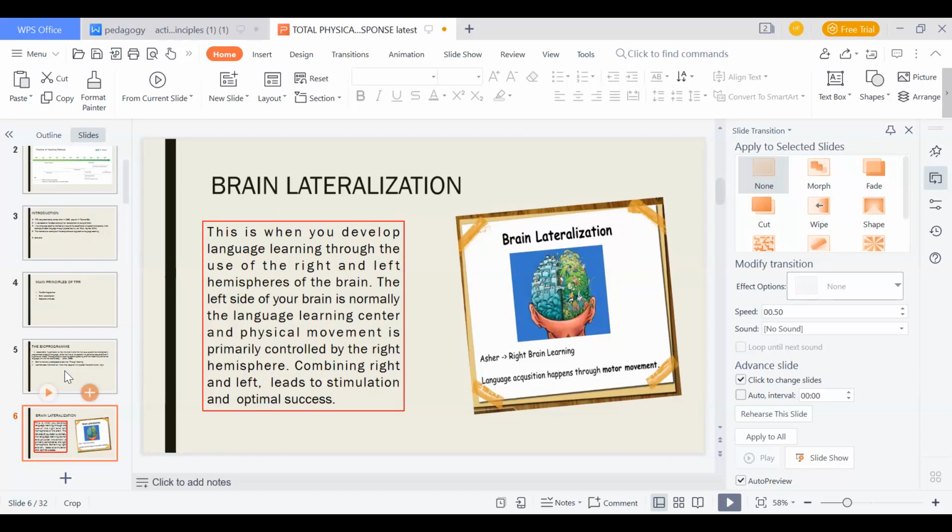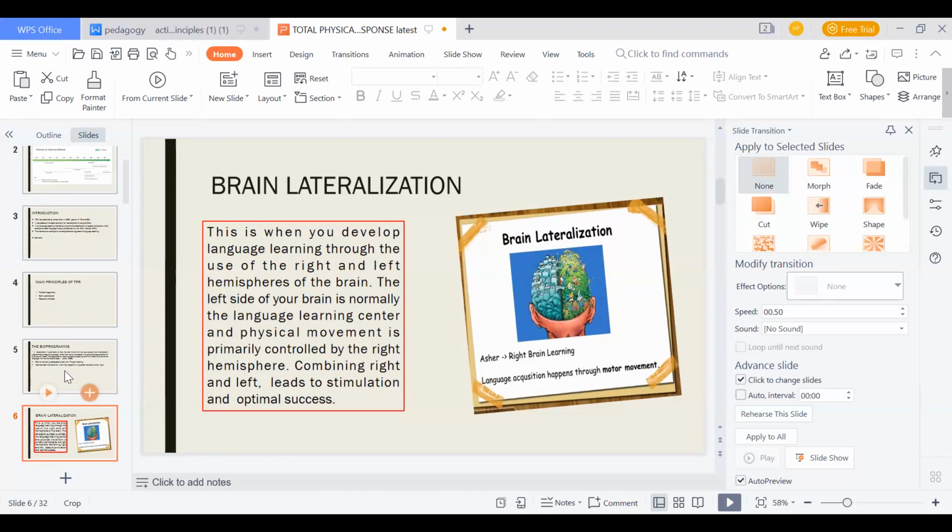Both are in action. Then it leads to stimulation and optimal success in language learning. So you learn language easily and better when you combine the left hemisphere and the right hemisphere. In TPR, how are the left hemisphere and the right hemisphere combined?